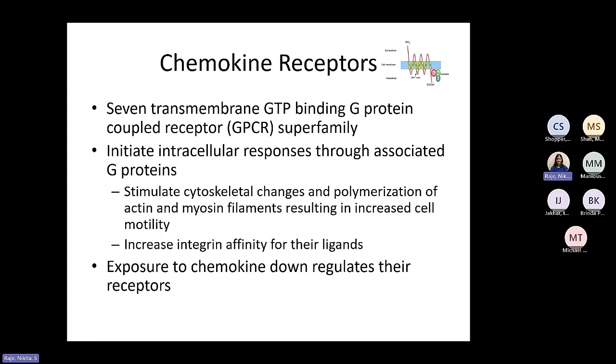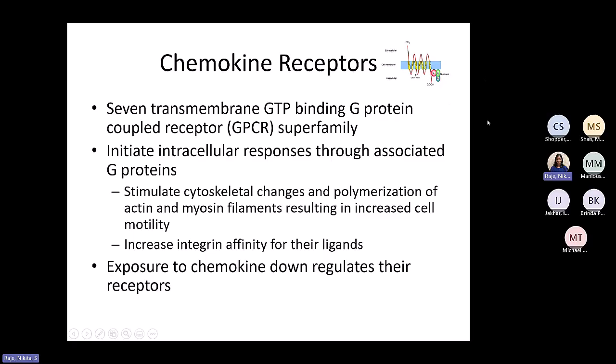As you see in the picture, these chemokine receptors are 7 transmembrane GTP binding GPCR superfamily receptors. What does that mean? These are 7 transmembrane, which means they span the cell membrane 7 times, and they have a G protein at the end of it that helps in their function.